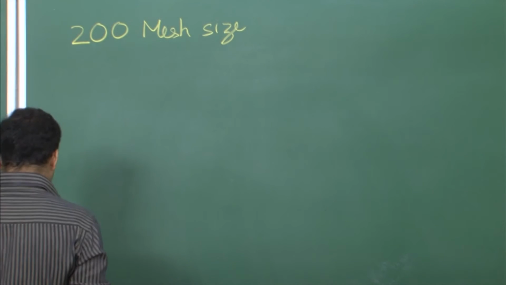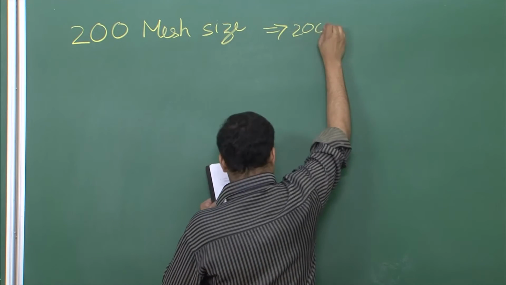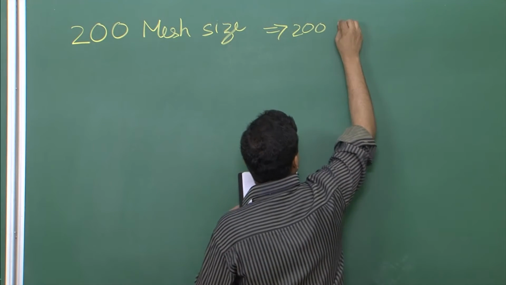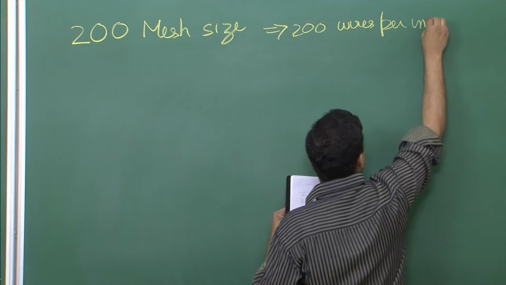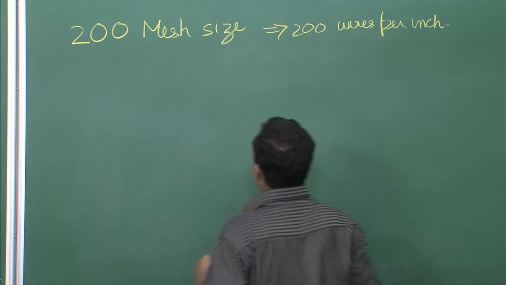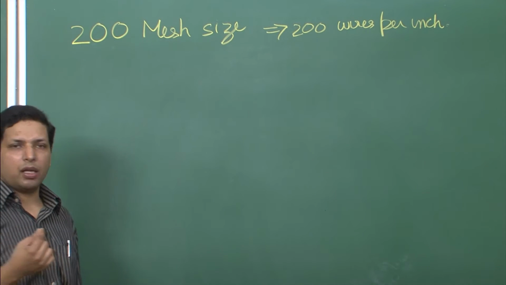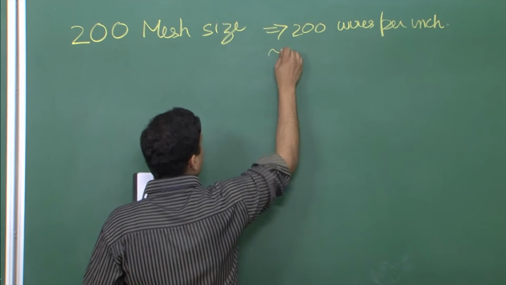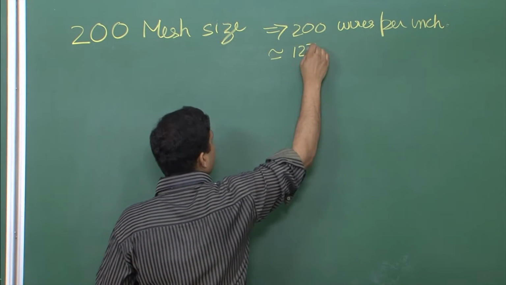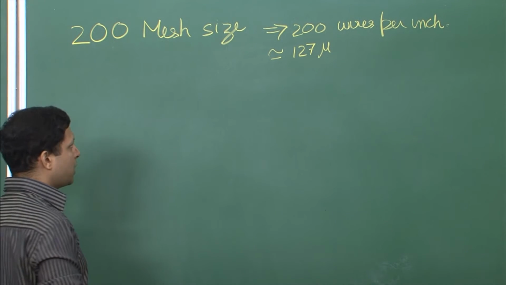Now, when you say 200 mesh size, what it means is 200 wires per inch. So, if you have higher number of wires available per unit inch, it means the spacing is approximately 127 micrometer between each wire when we are using 200 wires, 200 mesh size.